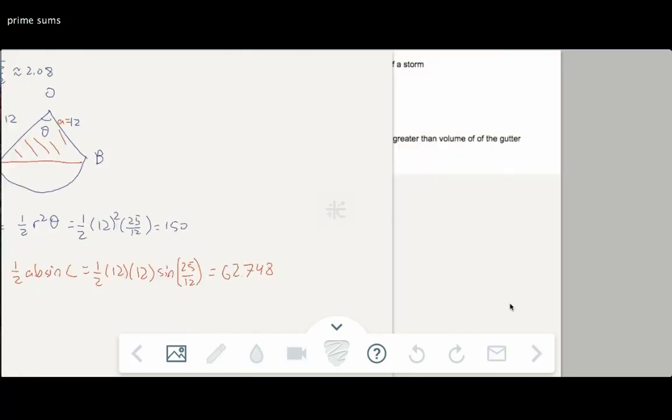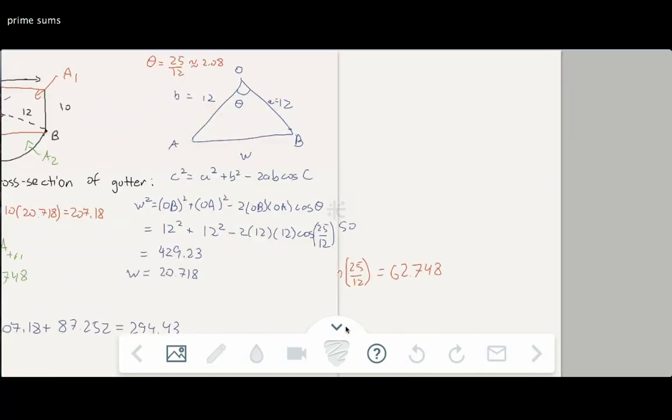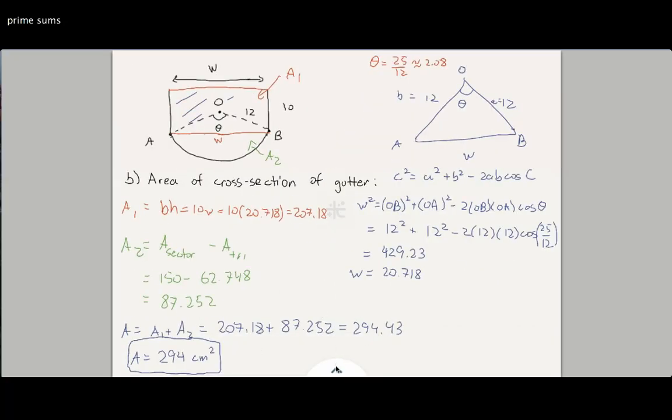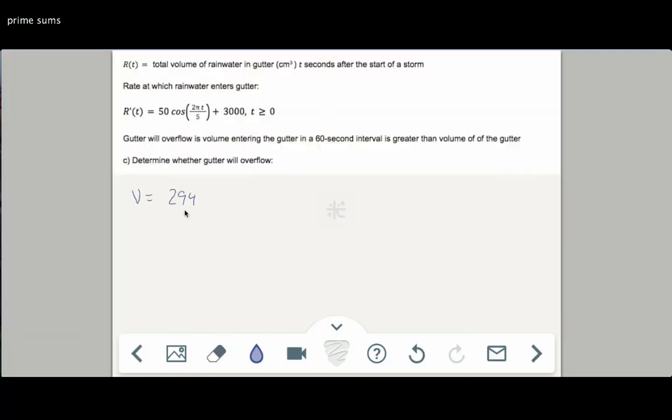Volume of the gutter: cross-sectional area 294, and if we want to be more precise, 294.43, times the length. So I'm just going to say A for cross-sectional area times length.